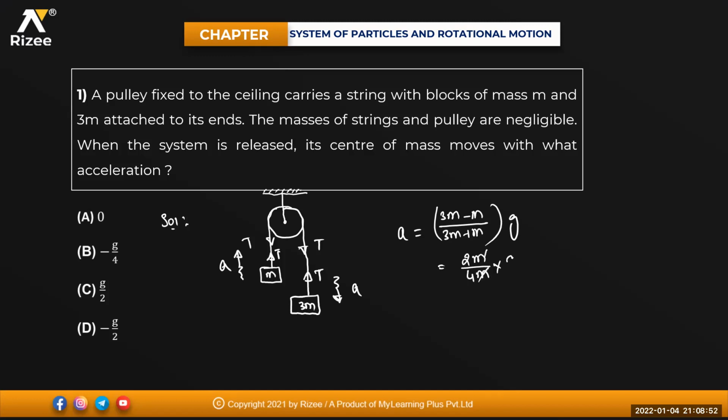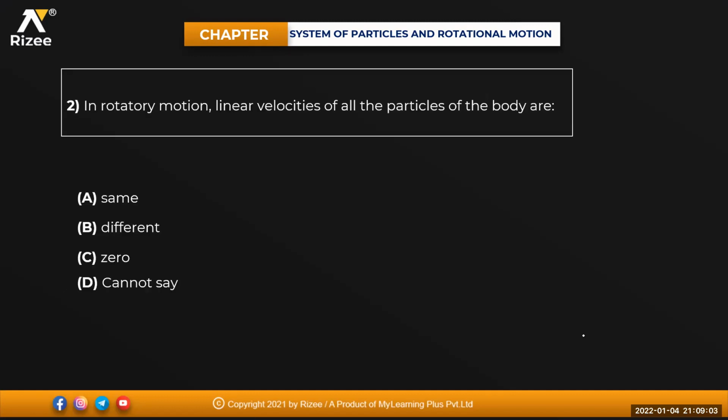This m gets cancelled. 2 ones are 2, 2 twos are 4. So that will be equal to g by 2. So this will be the third option. Clear, beta? Sure. Next one.